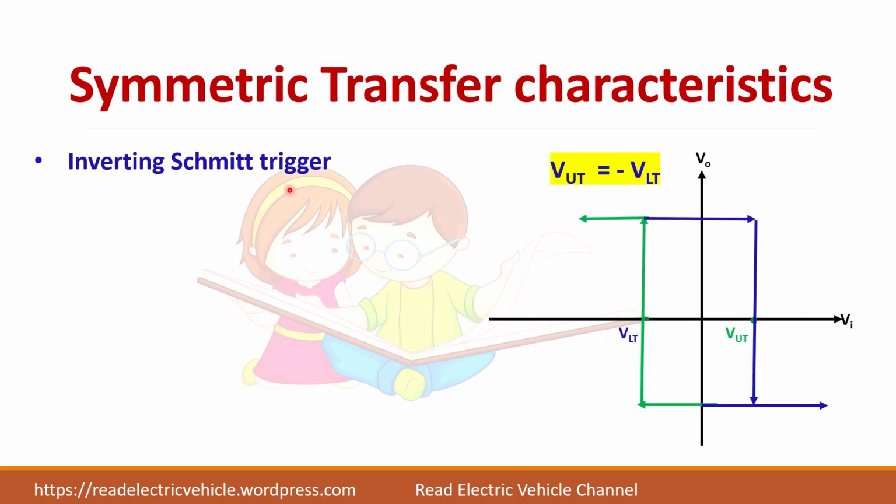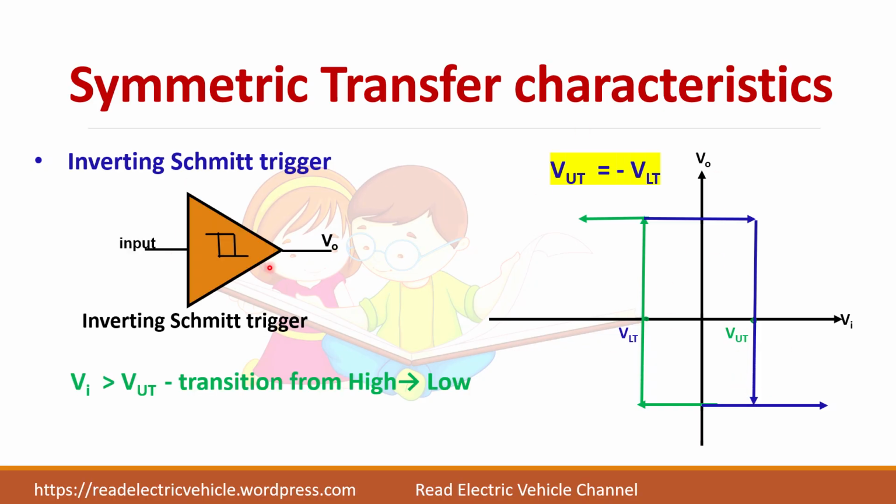Next we will see the inverting Schmitt trigger. Previously we saw the non-inverting; this is inverting, just the opposite of that. It is represented by this symbol. You see the symbol has reversed. Here you can see when the input is greater than the upper threshold, so the upper threshold is here, when the input exceeds the upper threshold, you see the arrow direction, it is increasing in this direction.